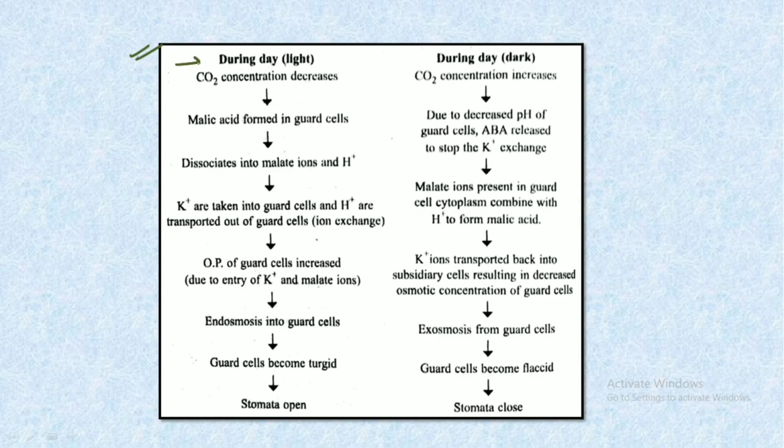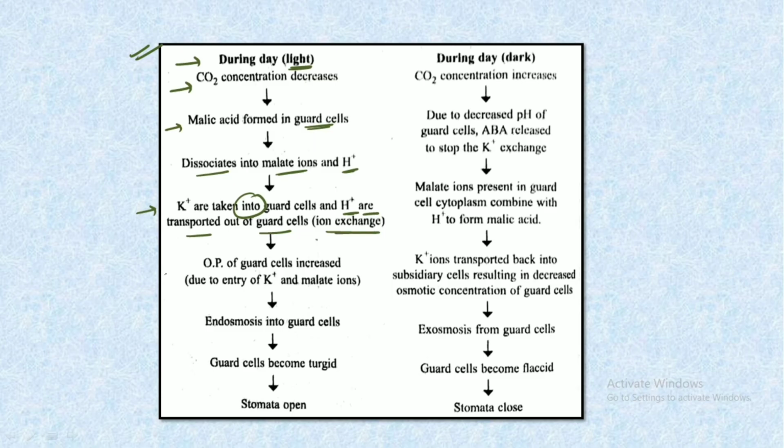So during the daytime, in the presence of light, the carbon dioxide concentration decreases. The malic acid that is formed in the guard cells gets dissociated into malate ions and H+. The K+ are taken into the guard cells and the H+ are transported out of the guard cell. That is, there occurs ion exchange in and around the guard cells.